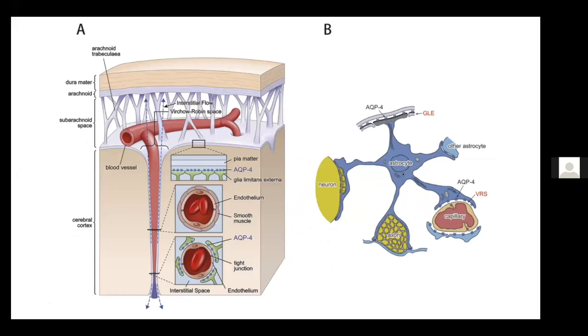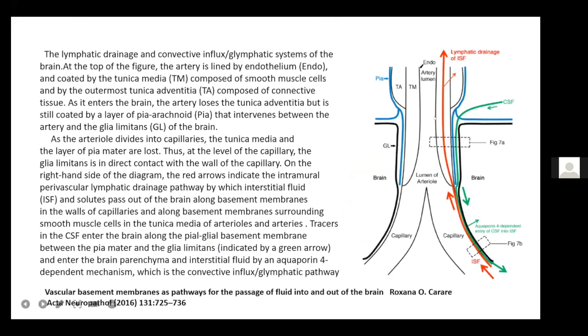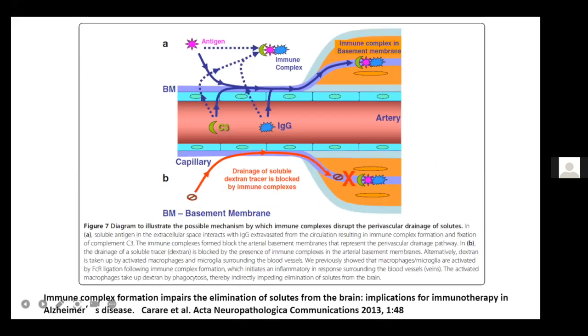This is the microcirculation of CSF. This is the lymphatic drainage and the convective influx of the glymphatic system of the brain. When there is brain trauma, there are also immune complexes that disrupt the perivascular drainage.